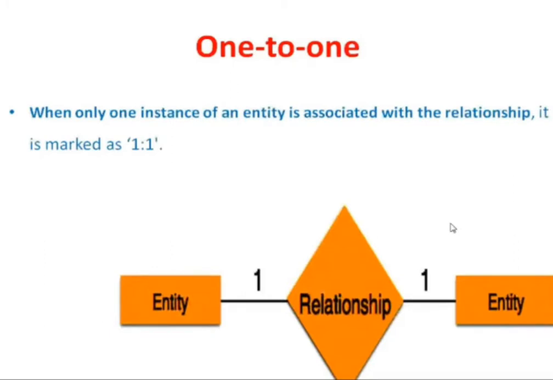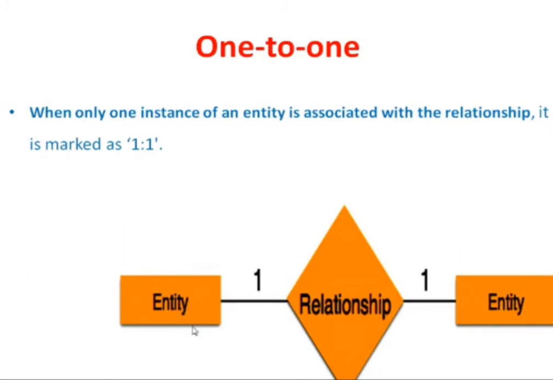As you can see in the picture, there are two entities. Of course, it is a binary, and in between you have a relationship. When a line is drawn here, it is represented with a number as well. So this clearly indicates a one-to-one relationship. What is the meaning of this?